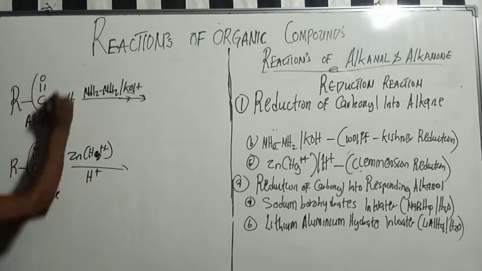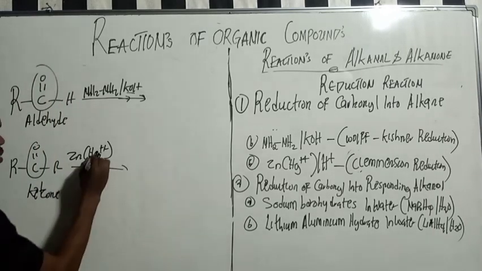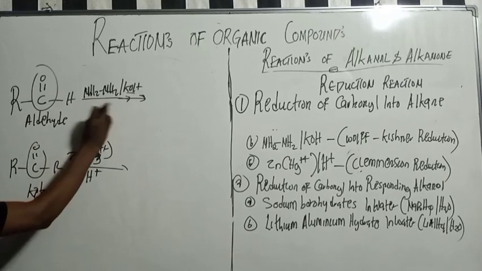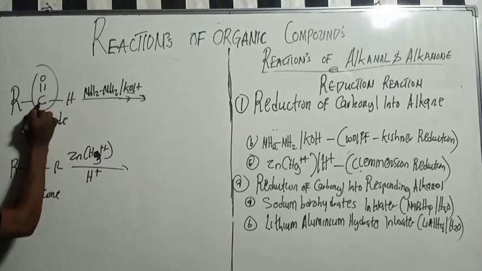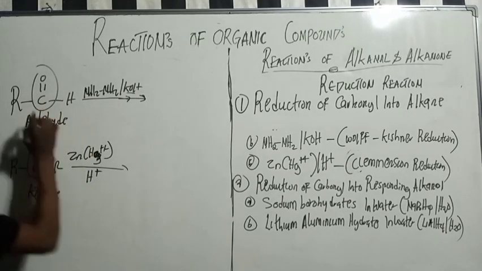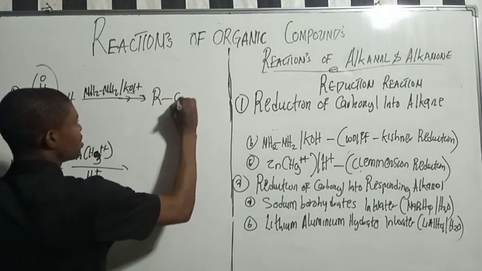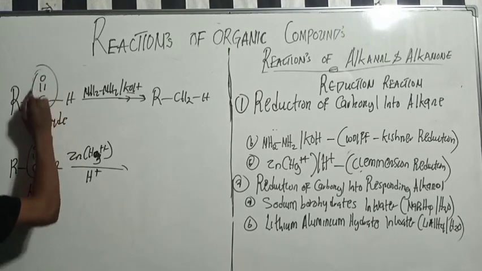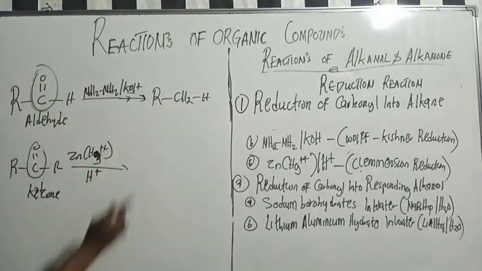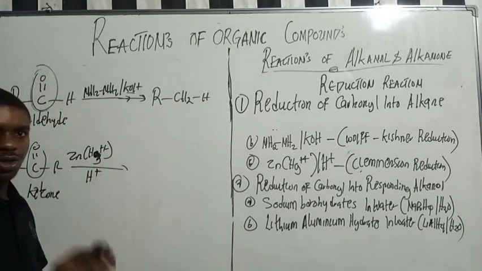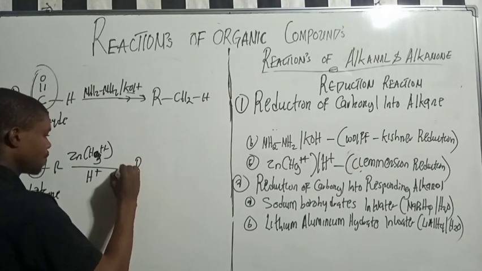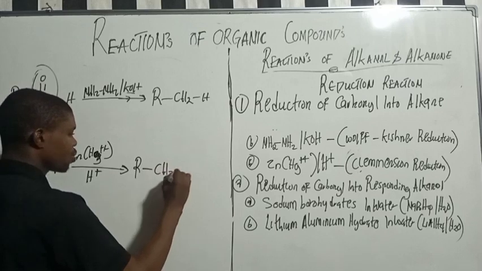The goal here is to reduce to the corresponding alkanes. So when you use one in the reduction here, the carbonyl changes to CH2. It means that it has reduced this one to a normal carbon, with no functional group again involved. The same thing here, arrow, CH2.